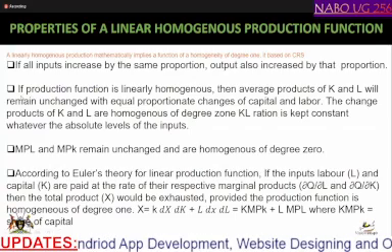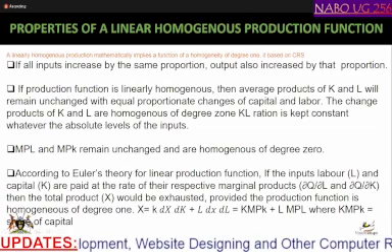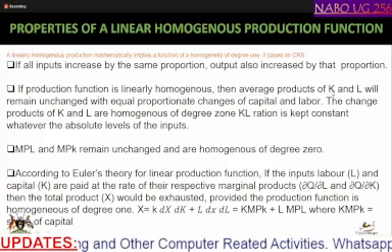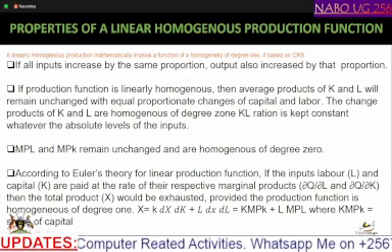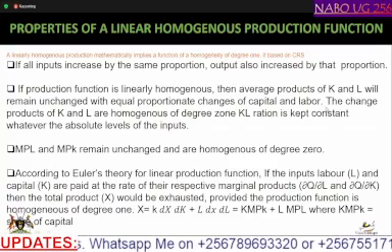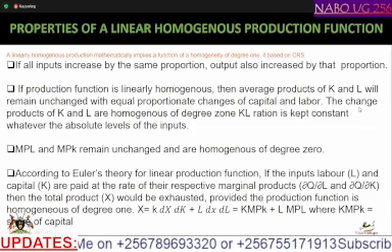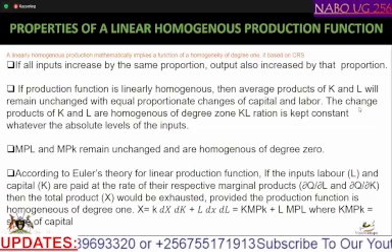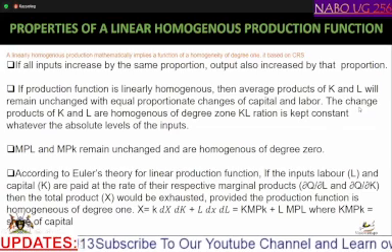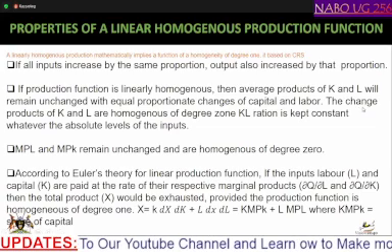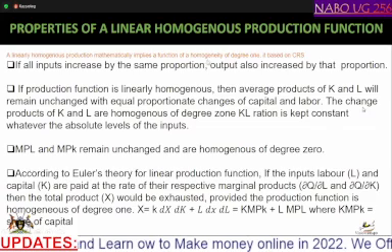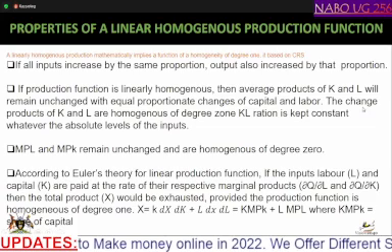We can also say that if the production function is linearly homogeneous, the average product of capital and labor will remain unchanged with proportional changes in the capital-labor ratio. Constant.